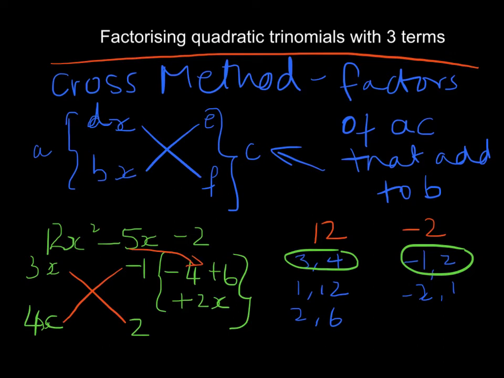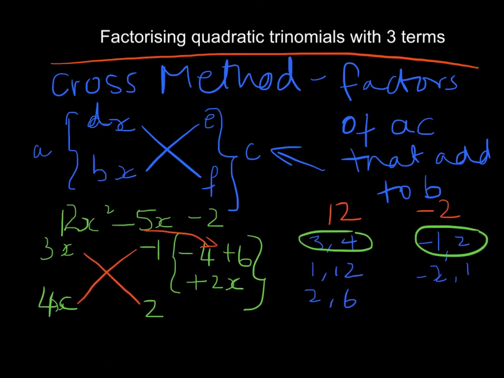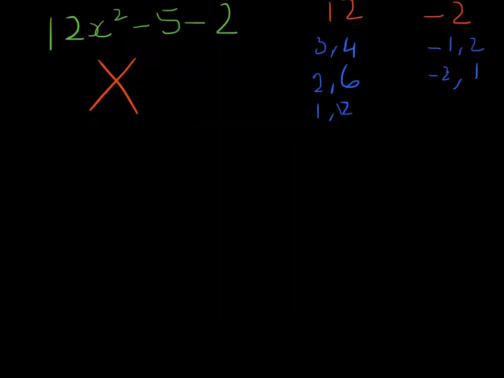Since I've got a nice little interactive screen here, I'm just going to... Okay, so I know it didn't work before, so now I've got to try it with a different set. So I'm still using the same one, so I'm going to use 3x over here and 4x over here. I'm just going to flip these two values over.